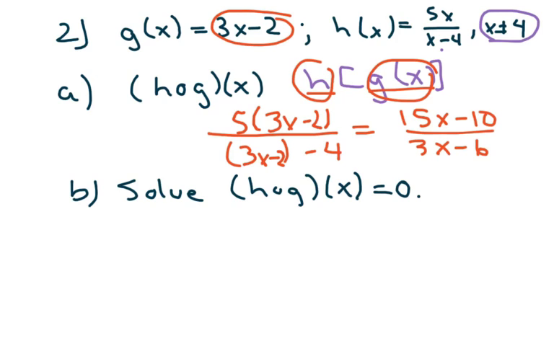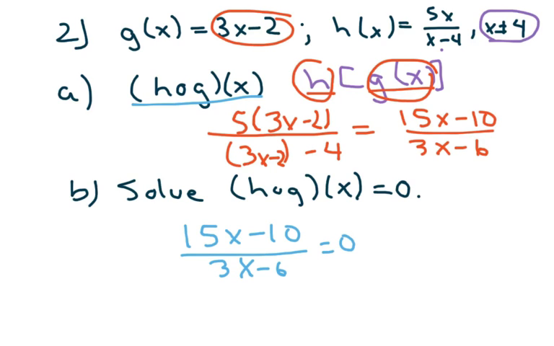Alright? Now, basically they want us to take, part C, take this and set it to 0 and solve for x. So you get 15x minus 10 over 3x minus 6 equals 0. Okay, so when you cross multiply, this goes away, and 1 times that is just that.